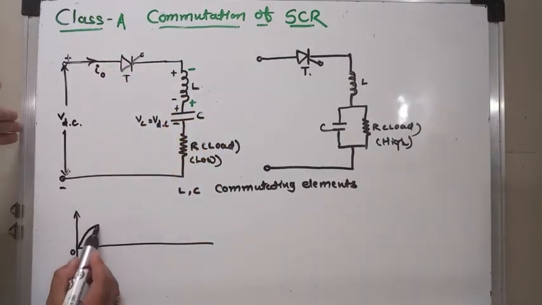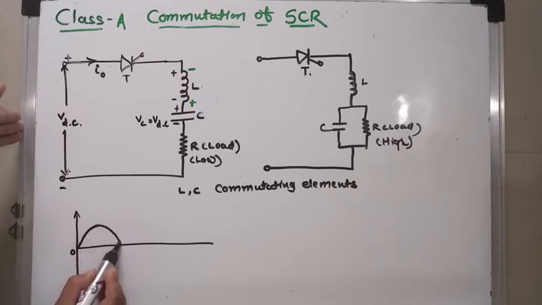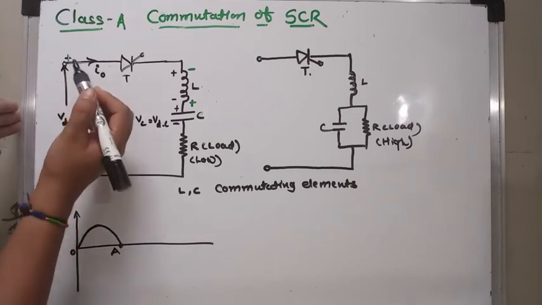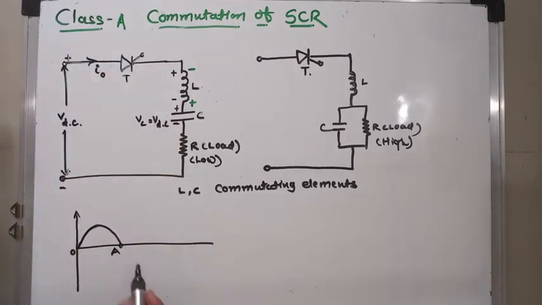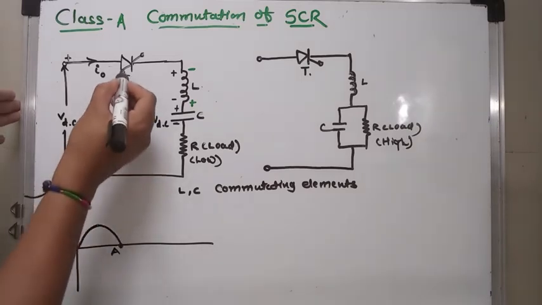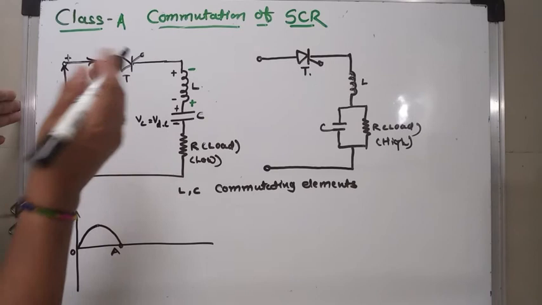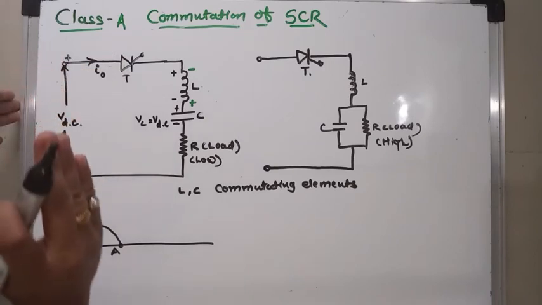The current gradually decreases and attains the zero value at instant A, which means the current decays to 0. This current I0 is also the anode current, as it passes through the thyristor. So at instant A the anode current has decayed to 0, falling below the holding current.